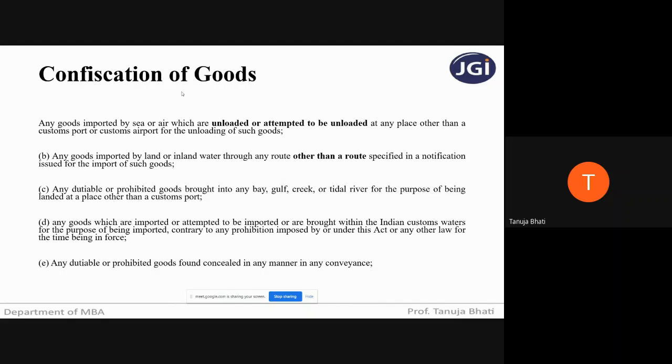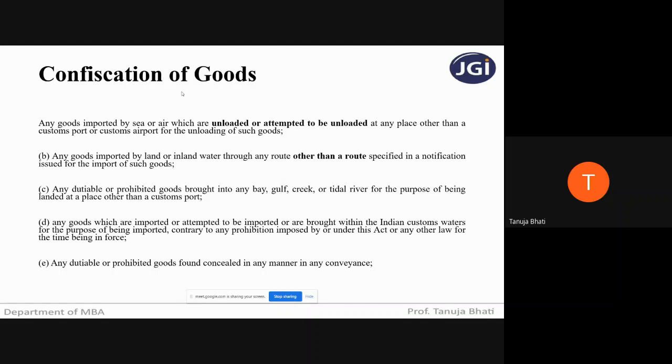So if they are done without the notice of the customs officer, then confiscation of goods can take place. And suppose the goods are prohibited, or they are dutiable goods, and they are imported into India, on which there has to be a clearance of the goods. See, first the officer has to give a clearance, a green signal, for the goods to enter. But if they have entered without that, then the goods are liable for confiscation.